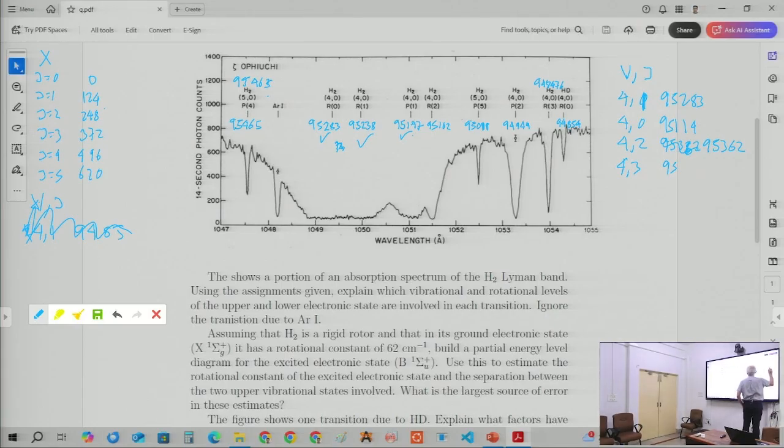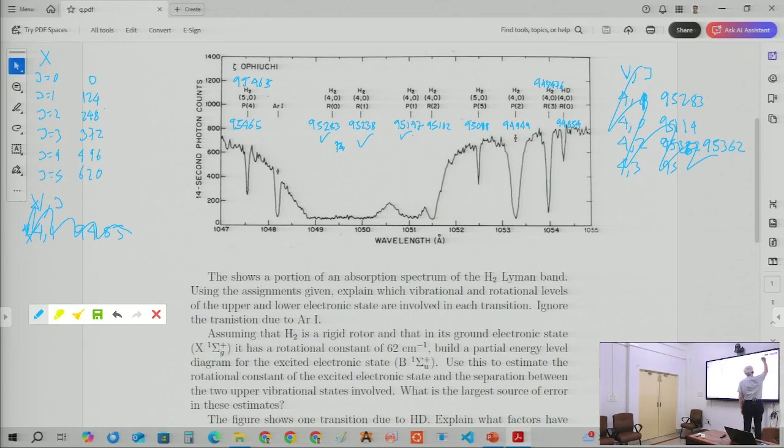My energy levels don't look right. What am I doing? That was R1. I should have added 124 to it. That's R2. Sorry, I'm going to start this again.